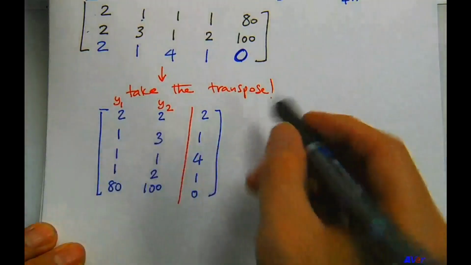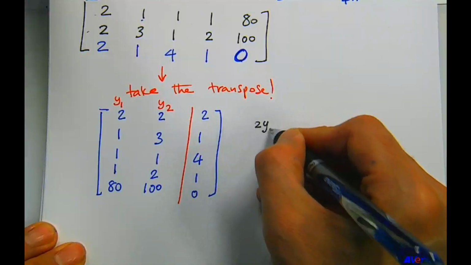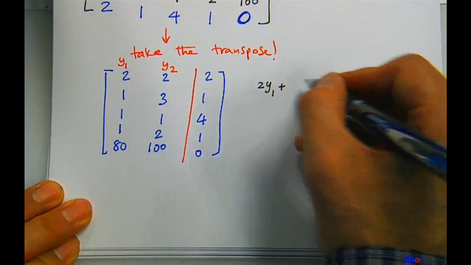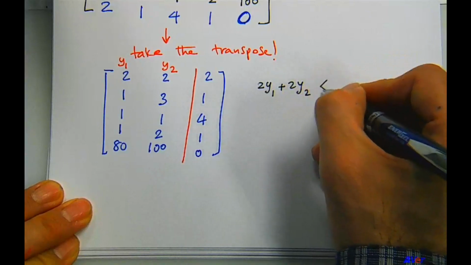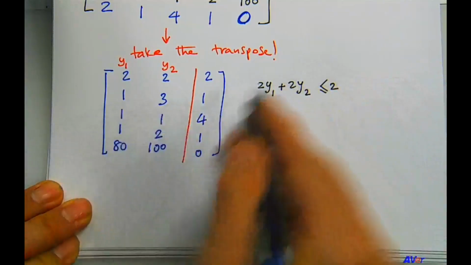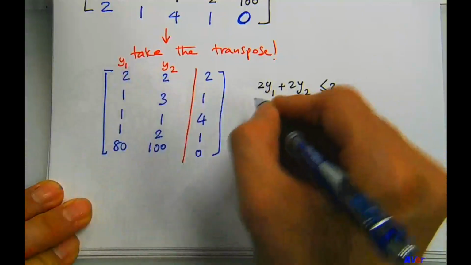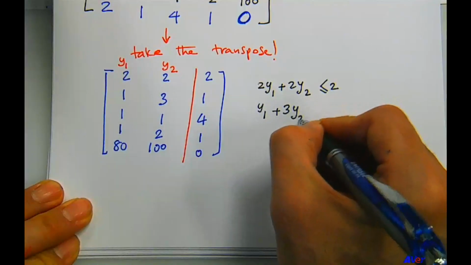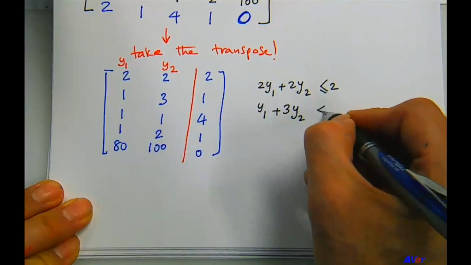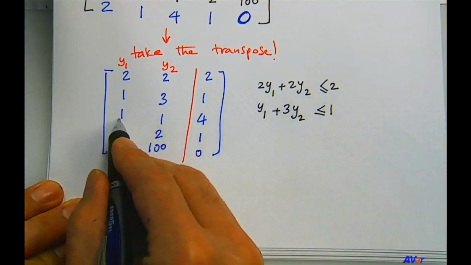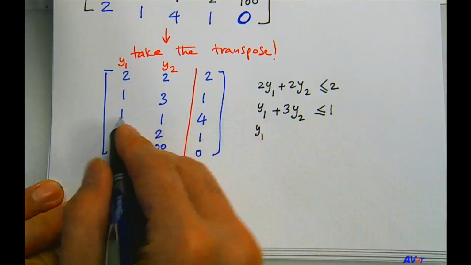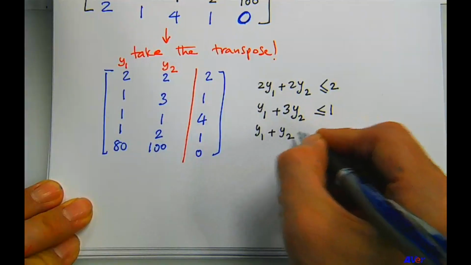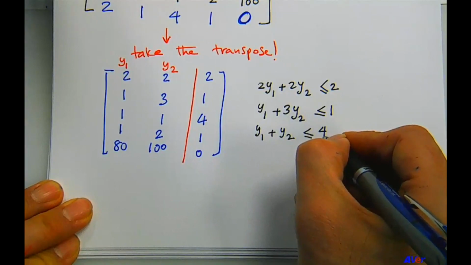So from this, we know that we have 2y1 plus 2y2 less than or equal to 2. From this row, we have 1 times y1, which is y1 plus 3y2 less than or equal to 1. Then 1 times y1 is y1, 1 times y2 is y2 less than or equal to 4.